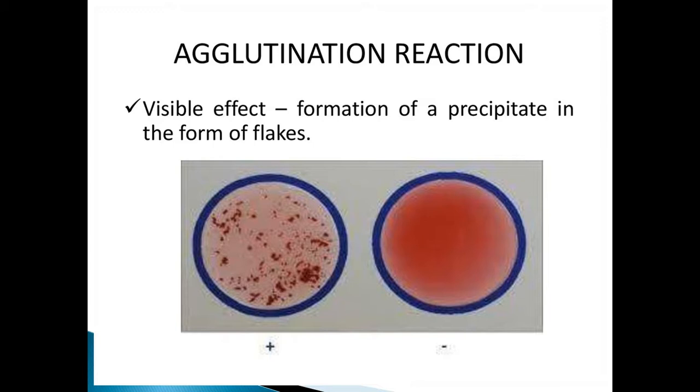Next, to this drop, serum containing the appropriate antibody is added, and the slide is shaken thoroughly for a few seconds. A positive result is indicated by visible clumping with clearing of the suspension, while if the milky white suspension remains unchanged, it indicates a negative result.